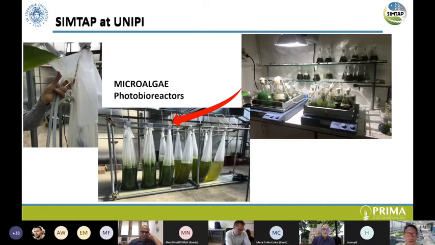And here you can see some pictures of the microalgae strains we took from the environment and we cultivated in the lab and then transferred to the greenhouse situation.